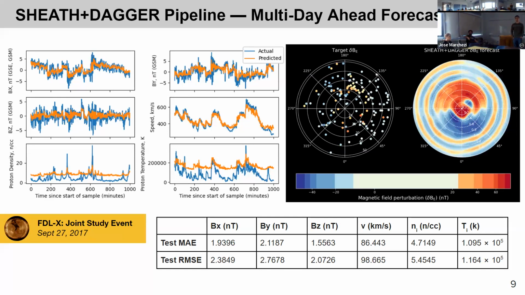Yeah, okay. Quick question on the output parameters: this looks really good, everything matches like a champ, but are there variables that tend to be better than the others? Yeah, so this is just on this sample, but you can see this is the mean absolute error: the magnetic fields are quite close to the real answer, whereas the particle measurements are a little further away, so that's the speed, density and temperature.